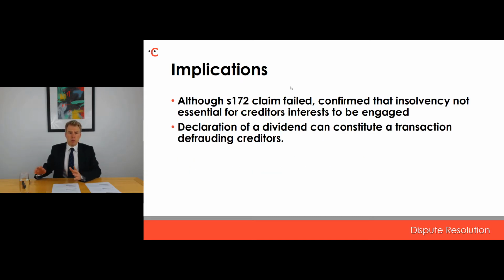So the lessons we can draw from that. The Section 172 claim failed in these particular circumstances, but it was confirmed before the court that a company's insolvency is not essential to show that the creditor's interests will be engaged.